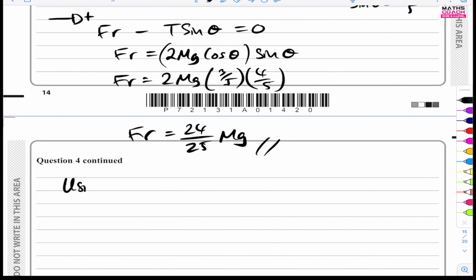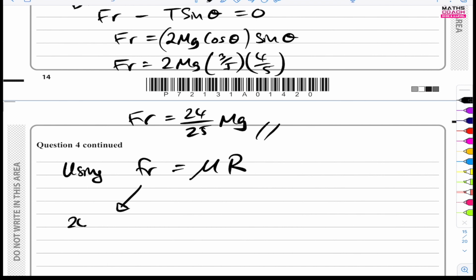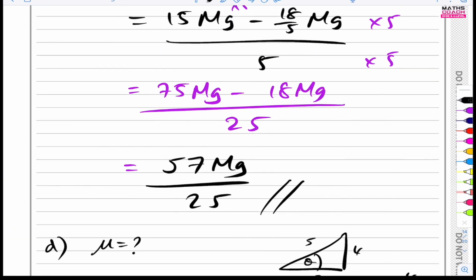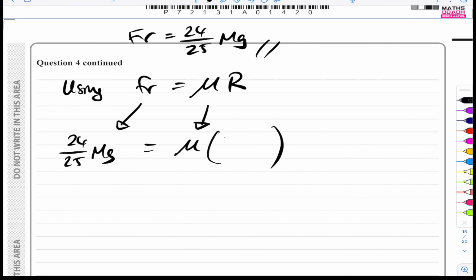So using F of R is equal to mu times R, F of R is 24 over 25 mg. Mu, we weren't given, so it's going to be unknown. The reaction force we found earlier, which is here, is 57 mg over 25. We can work out what mu is by dividing onto the other side.